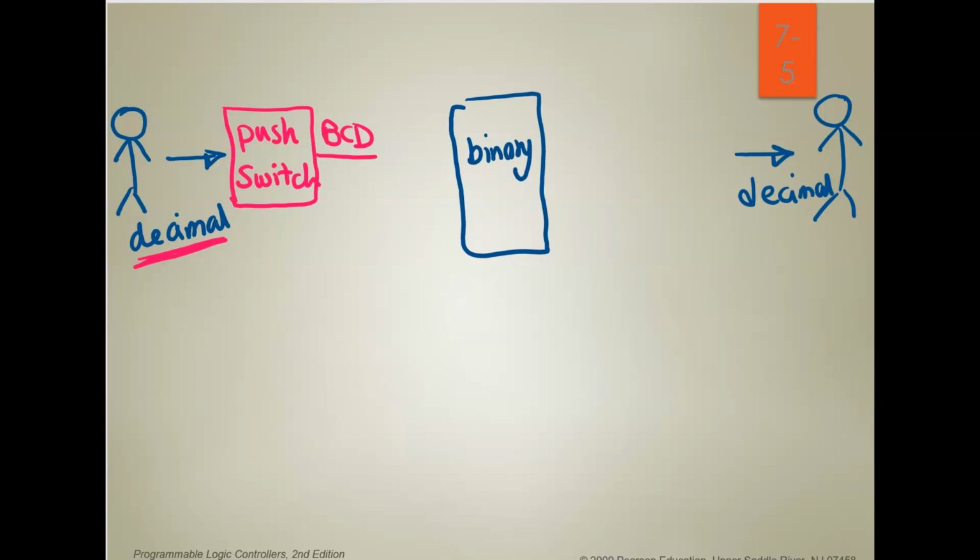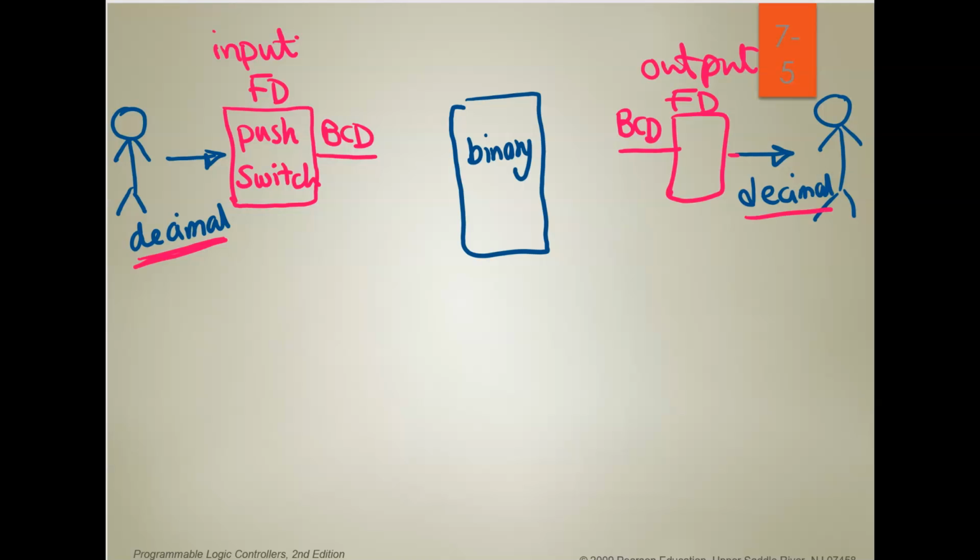These are basically our input field devices. And then on the other side, we do have some output field devices that are capable of converting the binary coded decimal into decimal. So we have output field devices capable of converting binary coded decimal into decimal.